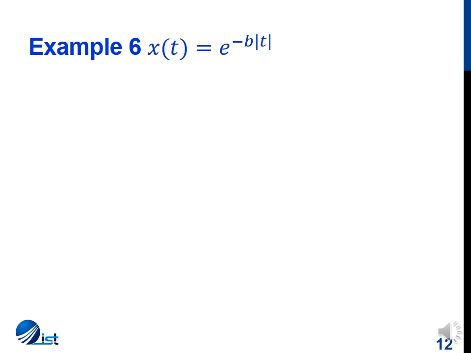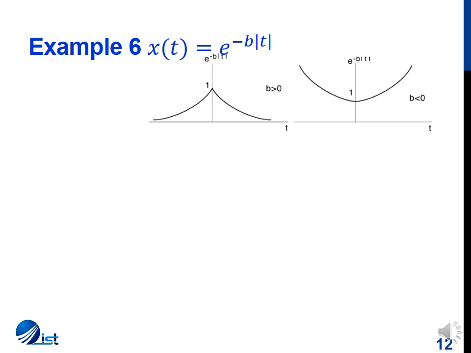If we plot this signal, we see that it can be plotted for both values of b, since we have been given no restriction on the value of b. So b can either be positive, greater than 0, or b can be negative, less than 0. If we plot it that way, we can see that for values of b greater than 0, the power of this exponent is negative, which means that it will be a decaying exponential.